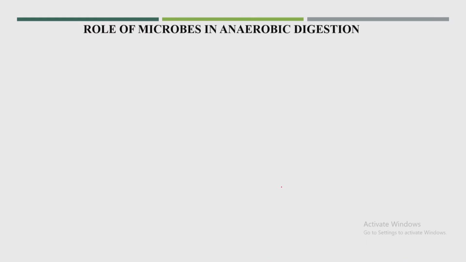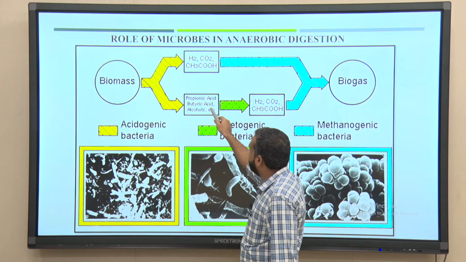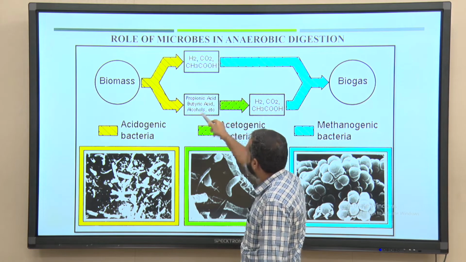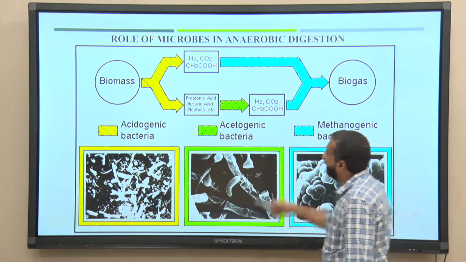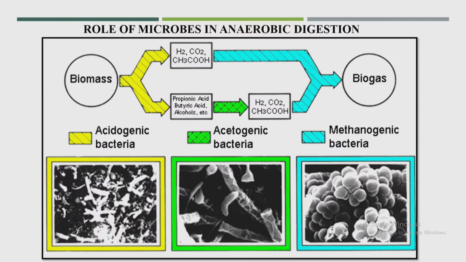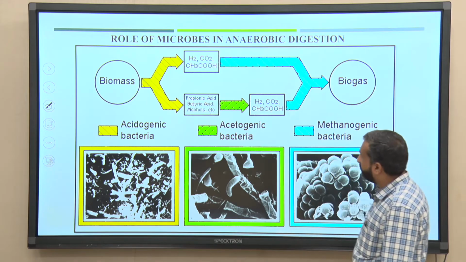So, what is the role of microbes in the anaerobic digestion process? Here I made one particular flow of the degradation process. Biomass, after the hydrolysis process, will produce fatty acids. Propionic acid, butyric acid or other acids will be produced, and parallelly acetic acid also will be produced. Finally, these come together, and propionic acid or butyric acid will again convert into acetic acid, and finally biogas will be produced.